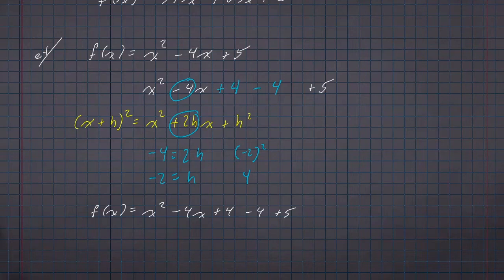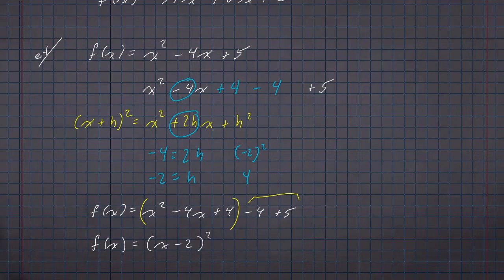Now I want to group the first 3 terms, the stuff we got from completing the square, goes together, and then the other stuff hangs out at the end. The whole point of completing the square is that you can factor that into a perfect square. It's always going to be x plus h. In this case, h is minus 2. So this is x minus 2 squared.